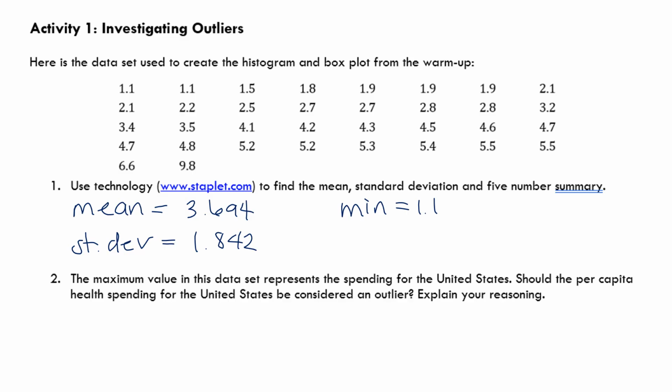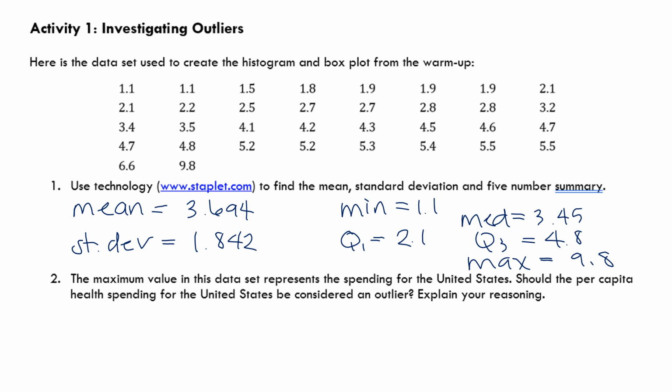My first quartile is 2.1, so we were pretty close when we said 2 in the entry task. My median is 3.45. My third quartile is 4.8. And my maximum is 9.8. And remember, this is in thousands. All right, so I have my 5-number summary, and I have my mean and my standard deviation.